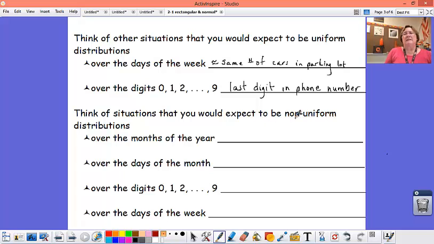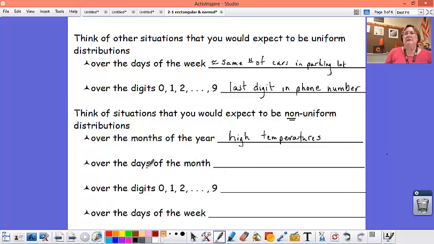Situations that you would expect to be not uniform, this might be a little bit easier to answer, quite frankly, because these are things we're more used to. Over the months of the year, perhaps high temperatures, which go in a cyclic pattern instead of a uniform pattern. High temps over the days of the month.